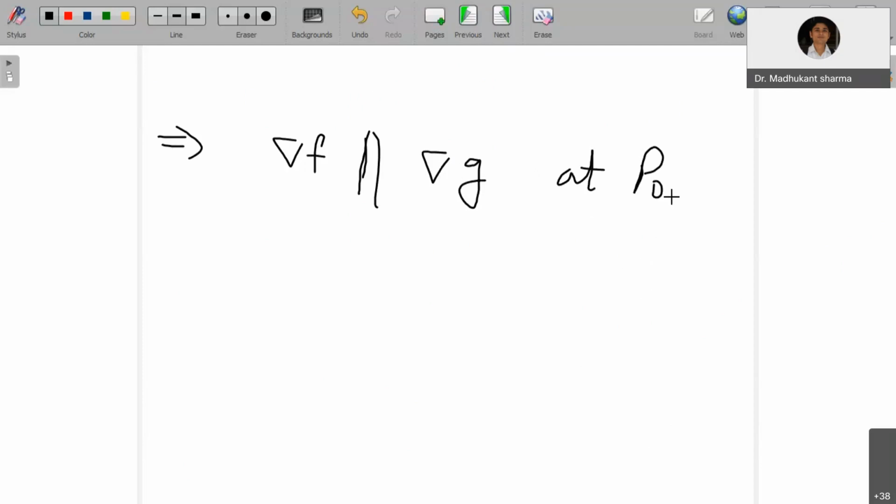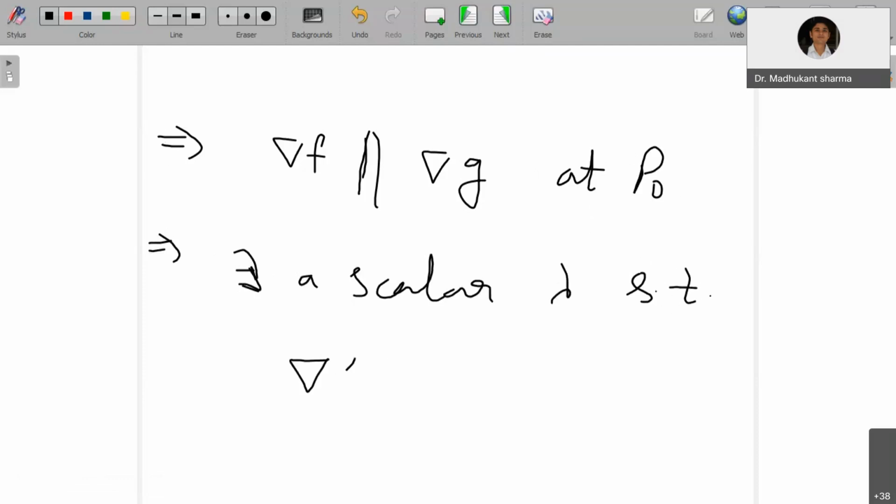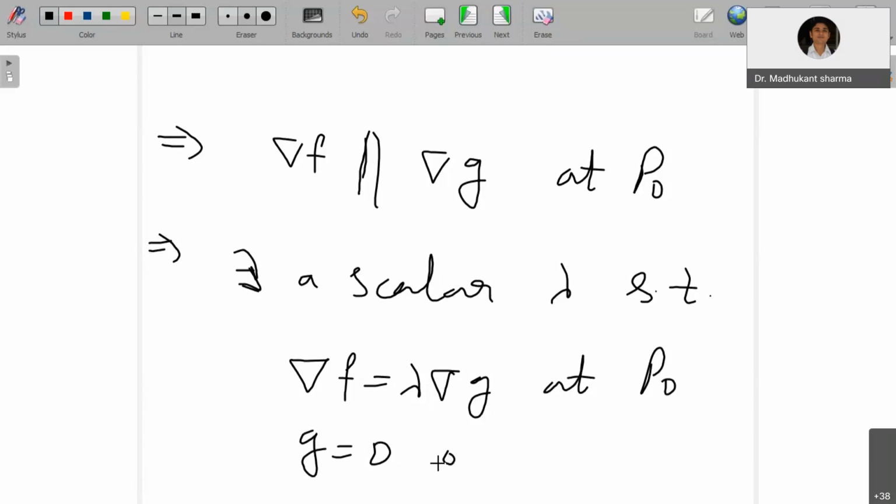We are only specific about P naught. So again you have the fact that there exists a scalar lambda such that grad F equals lambda times grad G at P naught, and also G equals 0, which is the constraint.